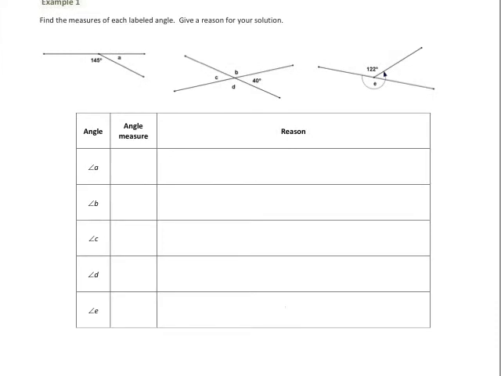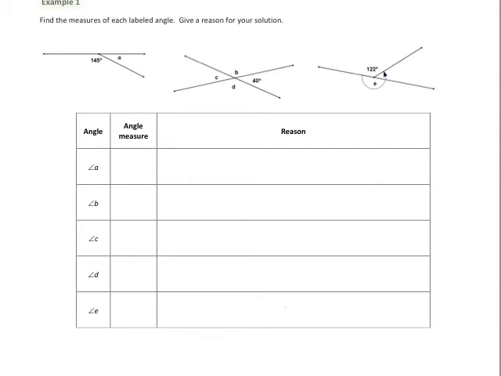Finally, we're going to find angle measures and list out the reasons for each item. We'll practice all of this in class, because in Common Core it's not enough to find the mathematical answer. We have to justify our steps and list the reasons for why we are doing things.